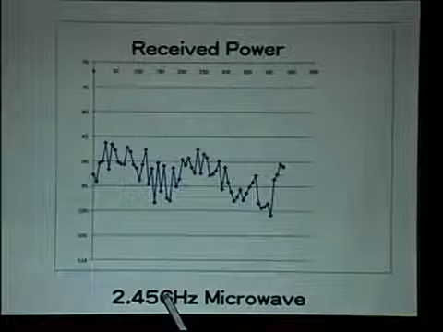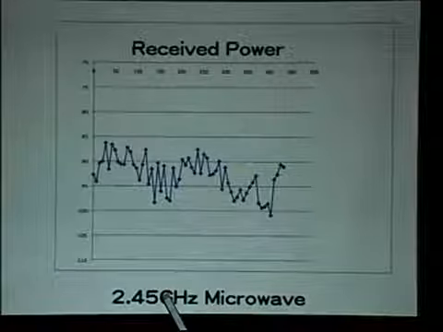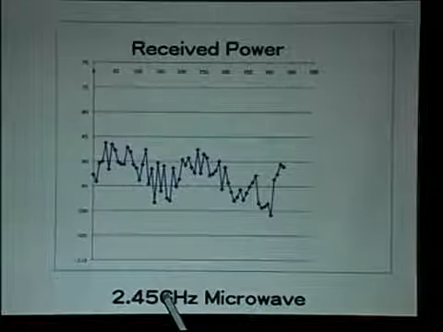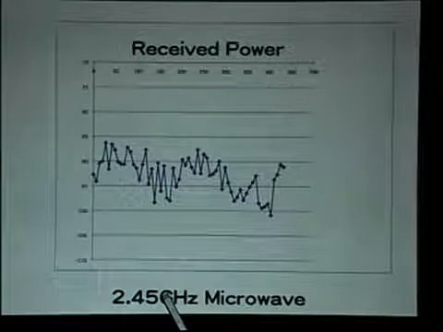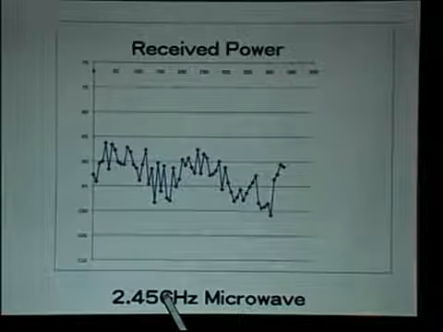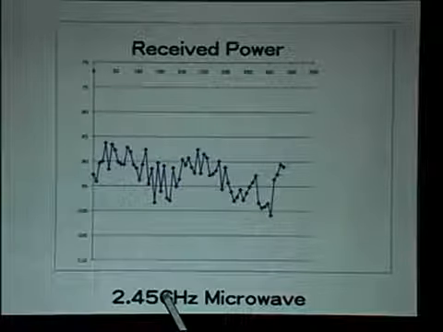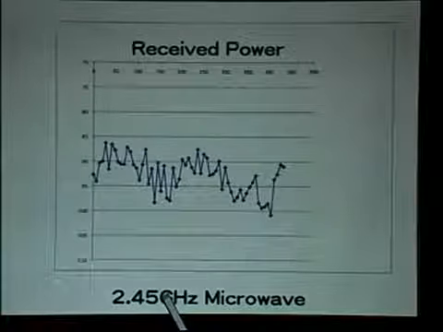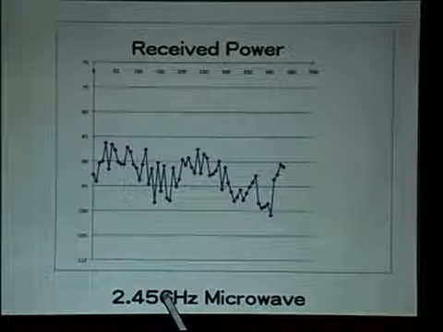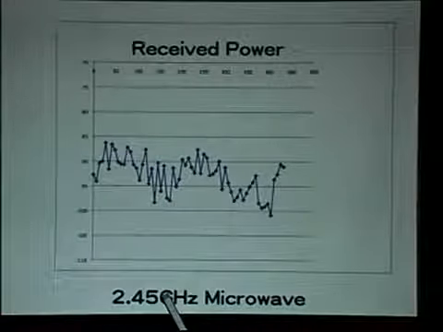We have a very large variation in the receiving power. If microwave is attenuated by 10 dB, it means 1/10. So it indicates that power transmission over a long distance between high mountains is impossible.